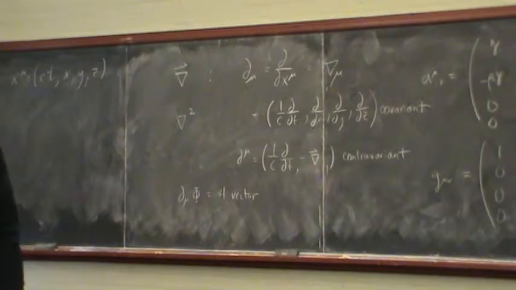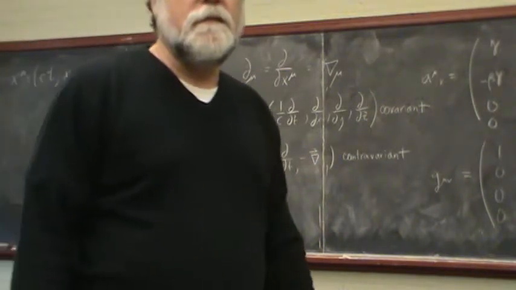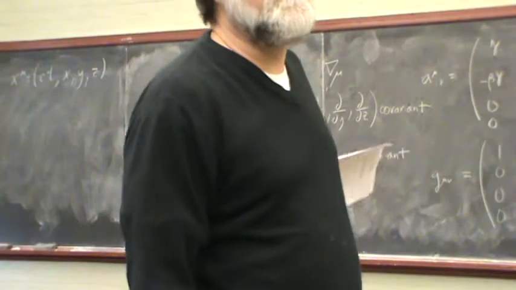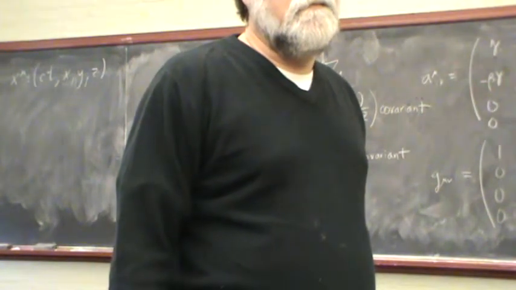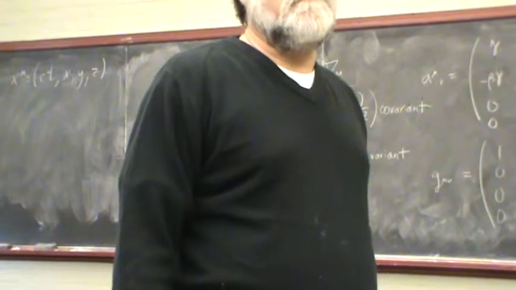So the only difference between covariant and contravariant of that is the negative sign out in front? For the derivatives, yes. So essentially you still apply the same operations? Yes.